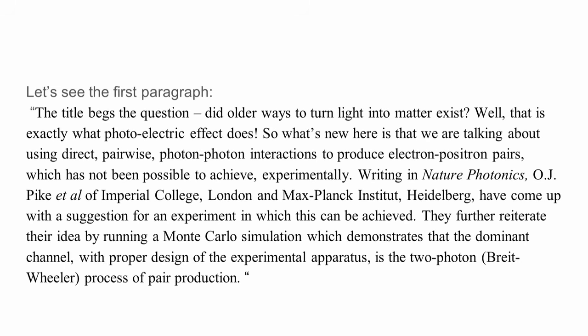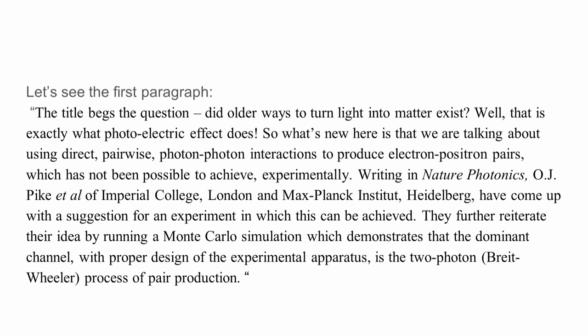Writing in Nature Photonics, O.J. Pike et al. of Imperial College London and Max Planck Institute Heidelberg have come up with a suggestion for an experiment in which this can be achieved. They further reiterate their idea by running a Monte Carlo simulation which demonstrates that the dominant channel, with proper design of the experimental apparatus, is the 2-photon Breit-Wheeler process of pair production.